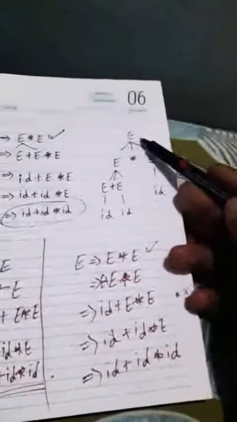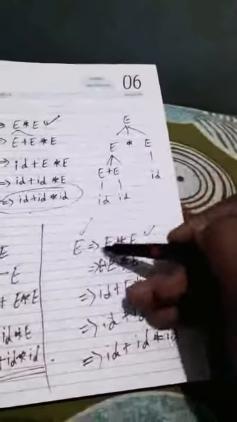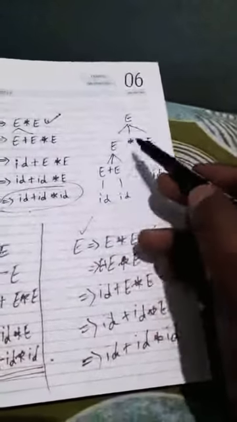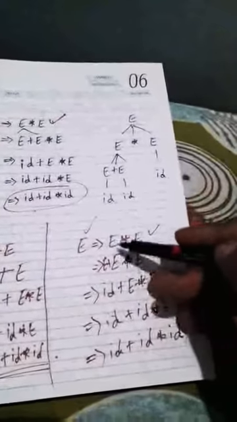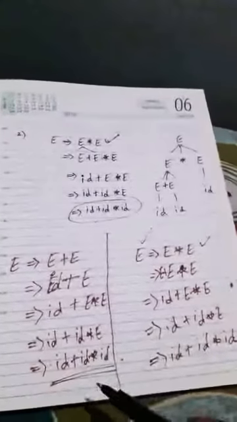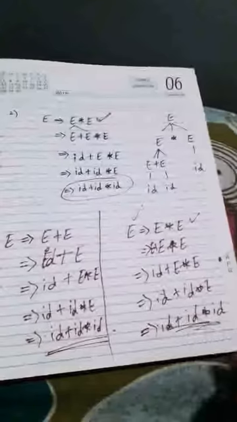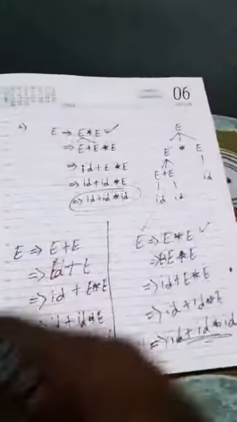So, for the same grammar, to get the same string, if you are getting multiple parse trees or different derivation trees, we will call it an ambiguous grammar. We will see one more example for this.